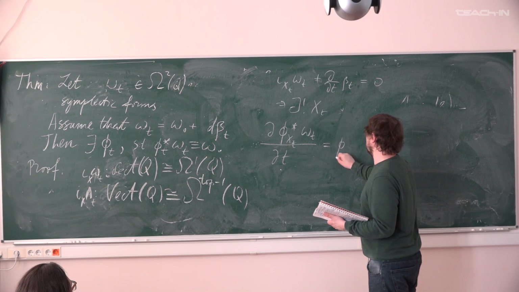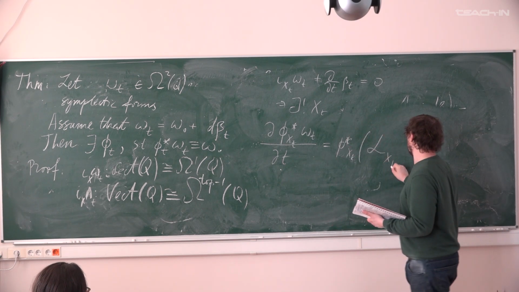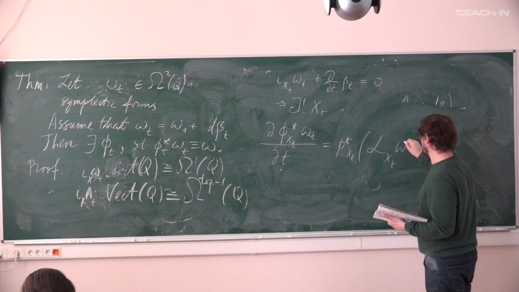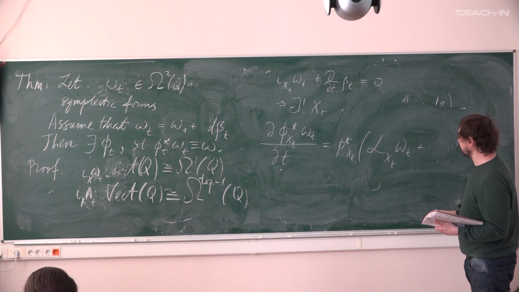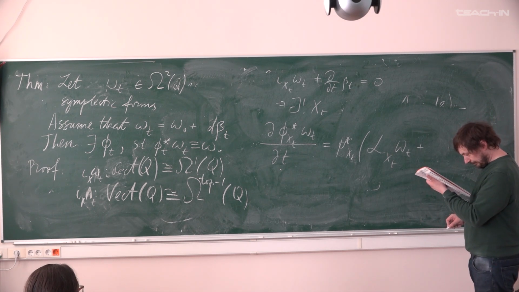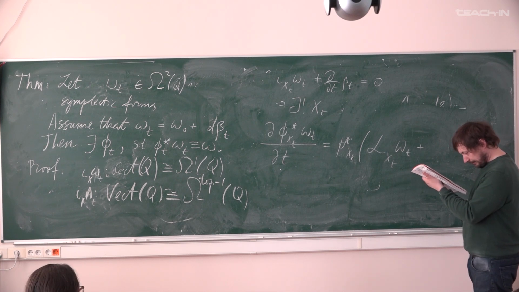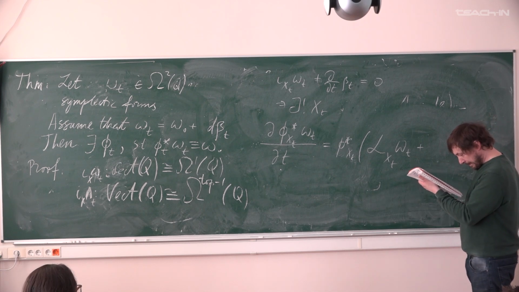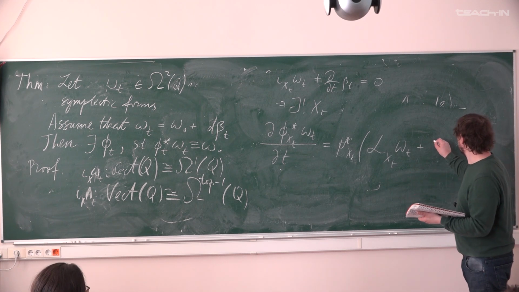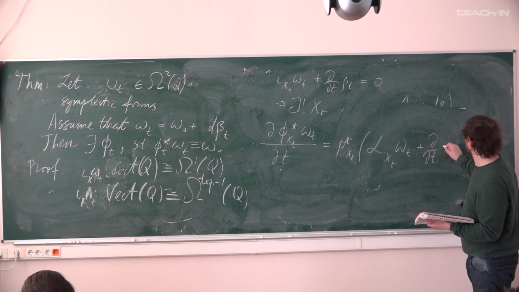First, you'll get phi star t applied to L xt, the Lie derivative with respect to xt, applied to omega t, plus d dt applied to omega t.